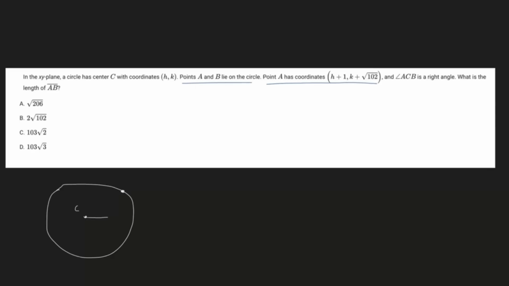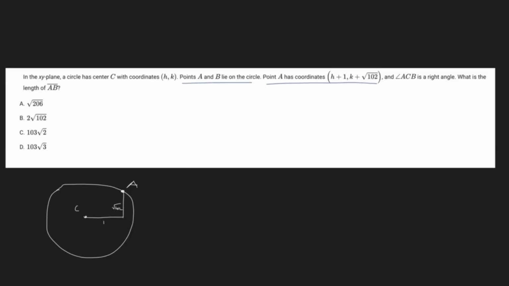So we know this side length right here that we just drew is going to have a length of 1. And then k represents the y-axis, and that's a positive, so we're going to go up. So that length right there is going to be square root 102. Okay, and we know this is point A, right?